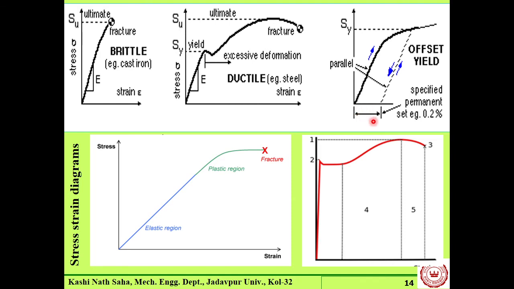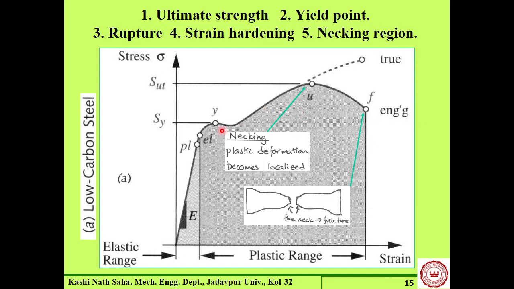What does it mean physically? It means if the material is stressed up to this point, and if we release the load, then it will not come back to a zero strain value. There would be some amount of deformation, but that value would be 0.2%. This is known as y value. So that is why we have a y point here also.